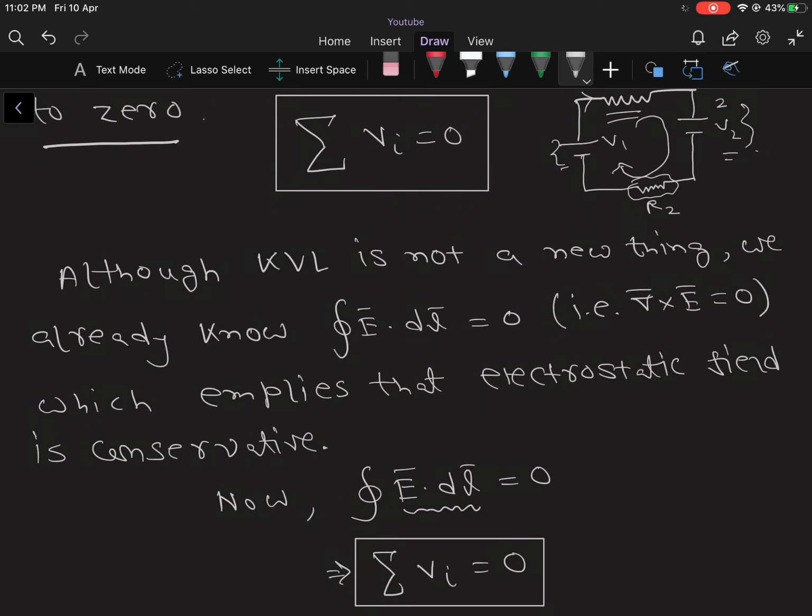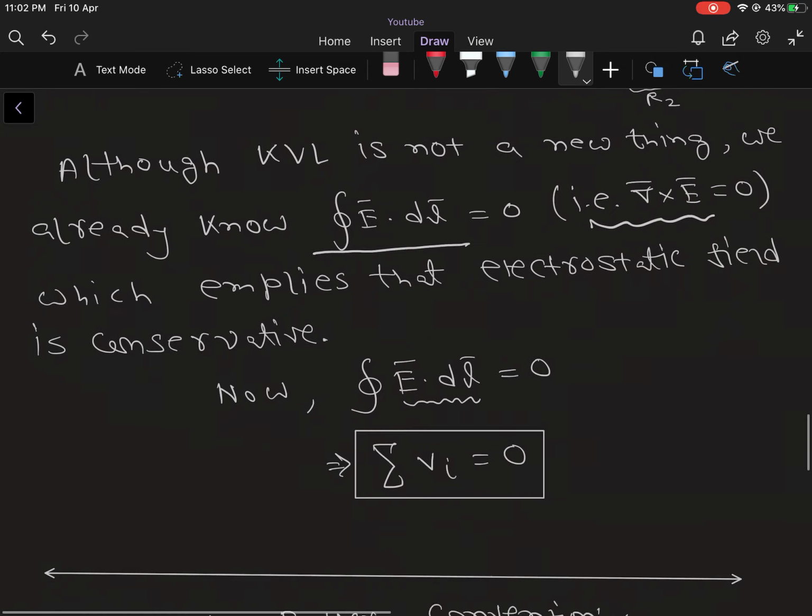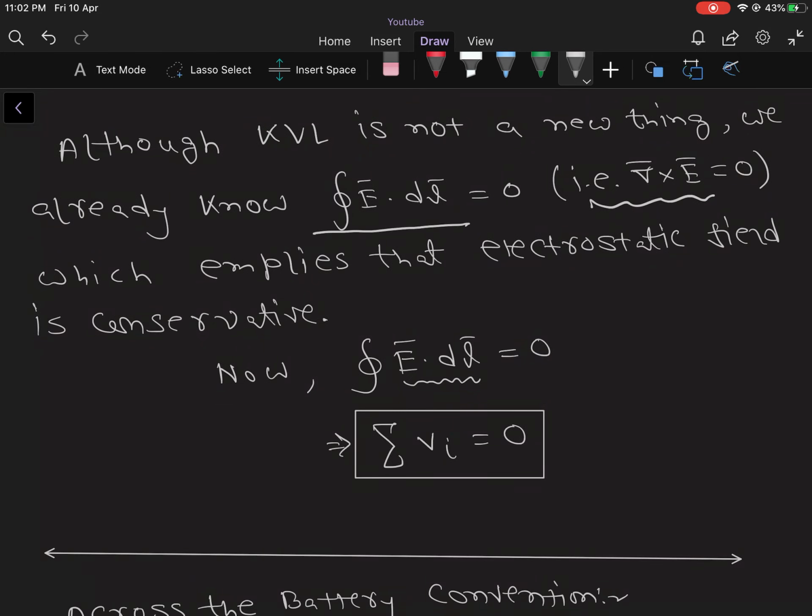One thing is important: although we are showing this Kirchhoff law in such a form, it is not a new thing. We already know that the closed loop integral of E dot dl is 0, which in other form is curl of E is 0, which implies that the electrostatic field is conservative.